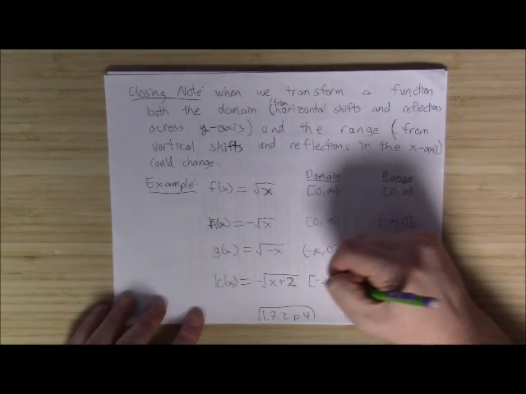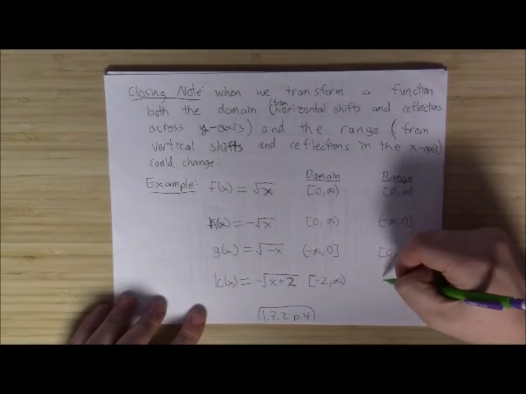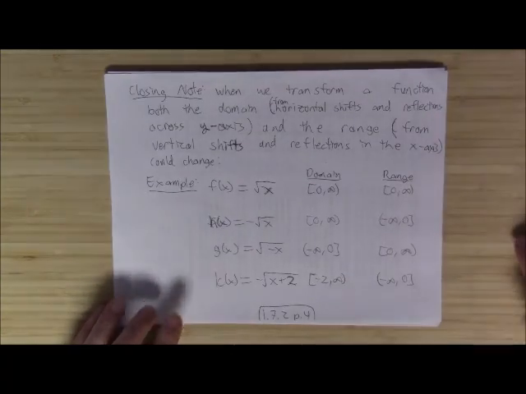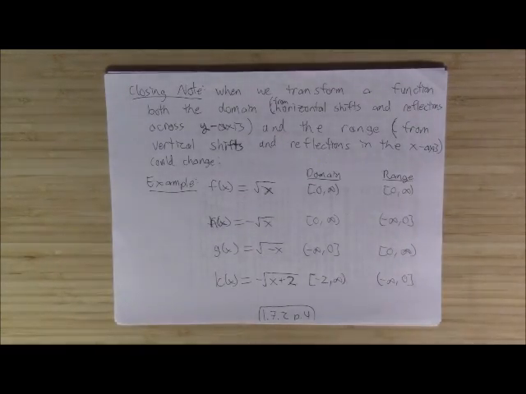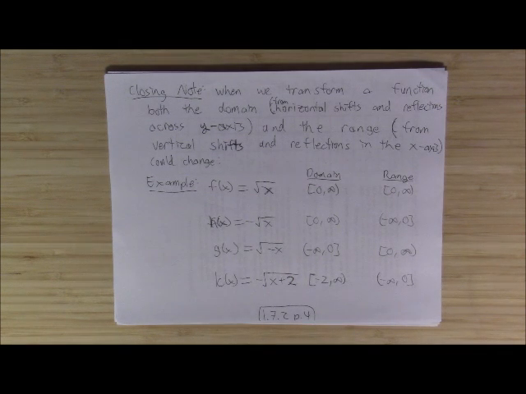So, minus 2 to infinity because of the left shift. And here, the reflection flips the range. So if you look back at those graphs, you'll be able to see that these are the domains and ranges of them. There is definitely an intuition of seeing how the transformations would change it on their own.